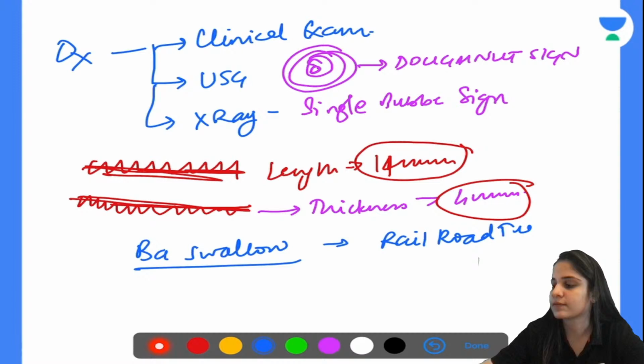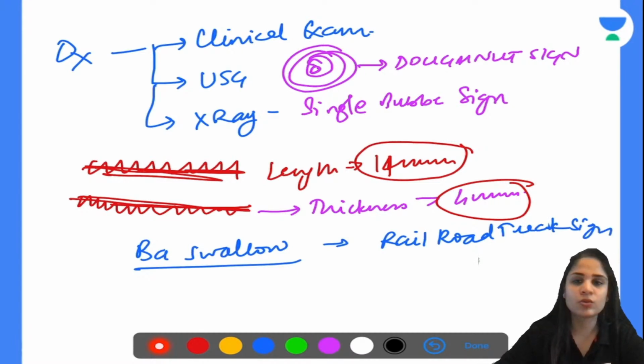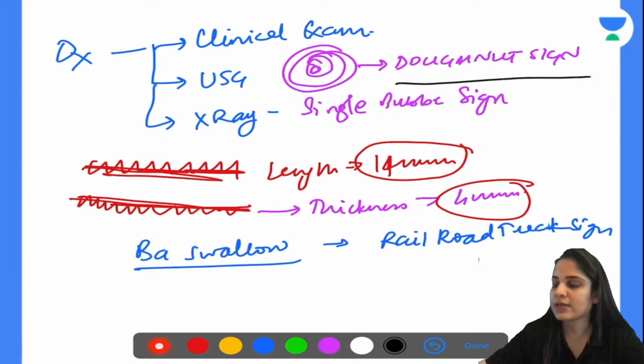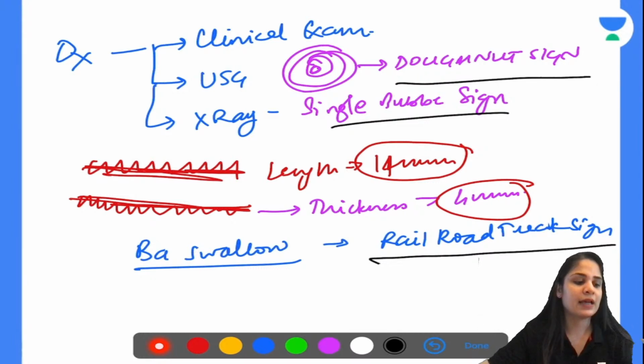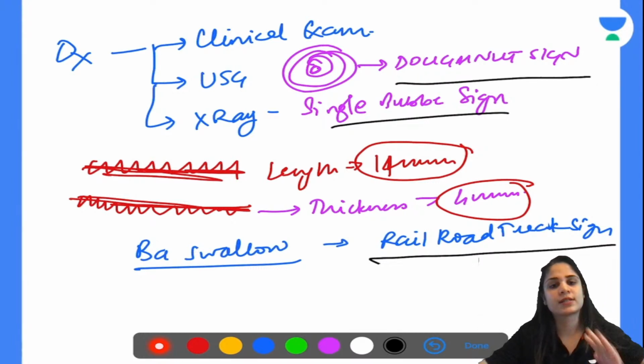Railroad track sign. For the sake of your exam, you need to know all of these names. This donut sign on USG, single bubble sign on X-ray, railroad track sign on barium swallow. All these things you need to remember because they will ask in the exam. Specifically, every year they cannot keep asking you what is the causative factor of CHPSS, alright, or what is the treatment of CHPSS. Sometimes they will want to ask something a little deeper, alright.